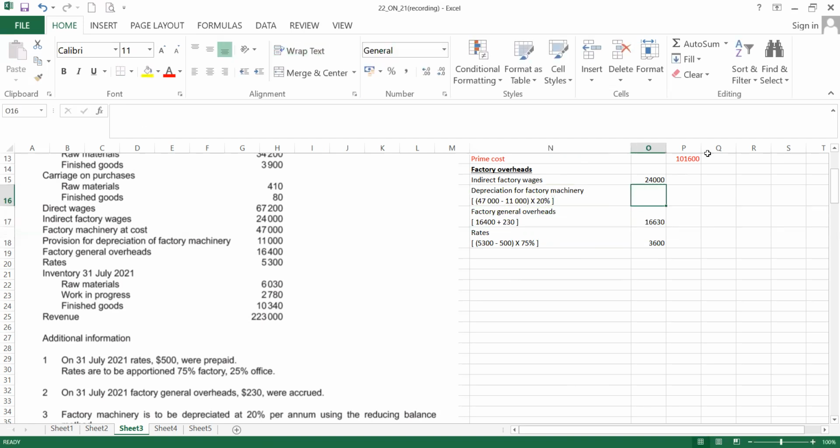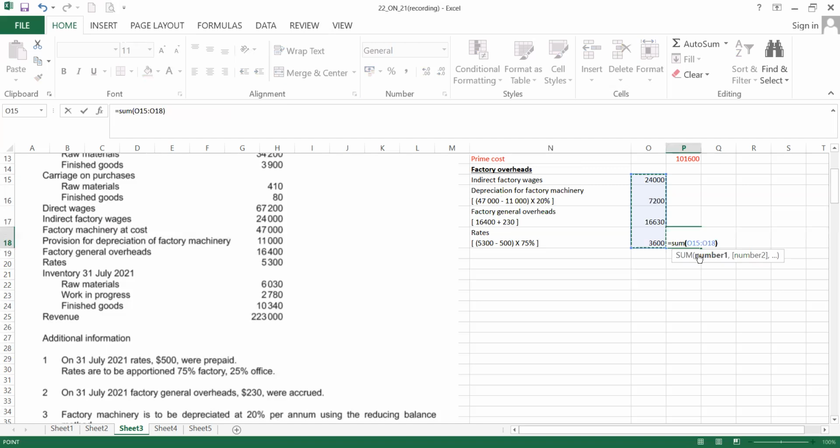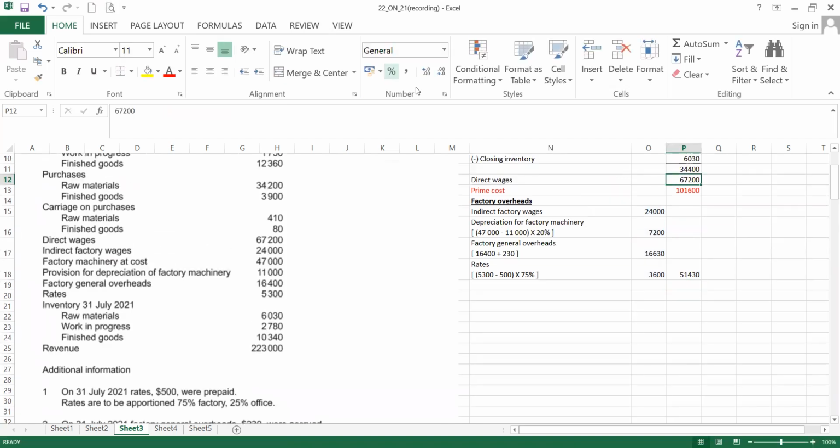So there is a formula to calculate the depreciation: 47,000 minus 11,000, close the bracket, times 20%. So 7,200. Now we add the subtotal. Not many items for this question, quite straightforward.